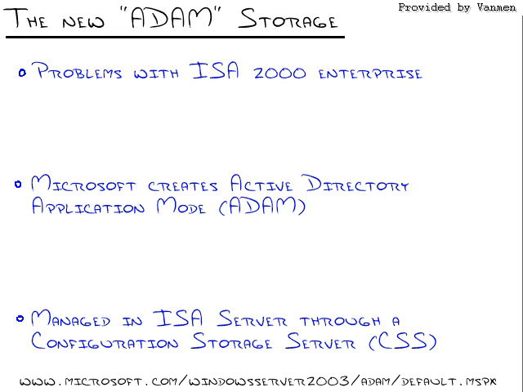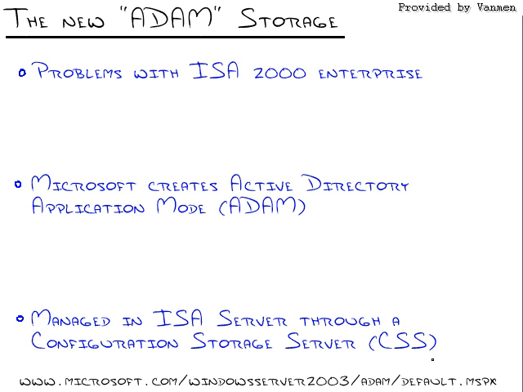So when you install IsoServer, you have the ability to set up a CSS, and you'll have to have at least one CSS in your organization which has the control and has the power to make changes to the IsoServer configuration. Now, your organization may just have one CSS, or it might have many CSSs.